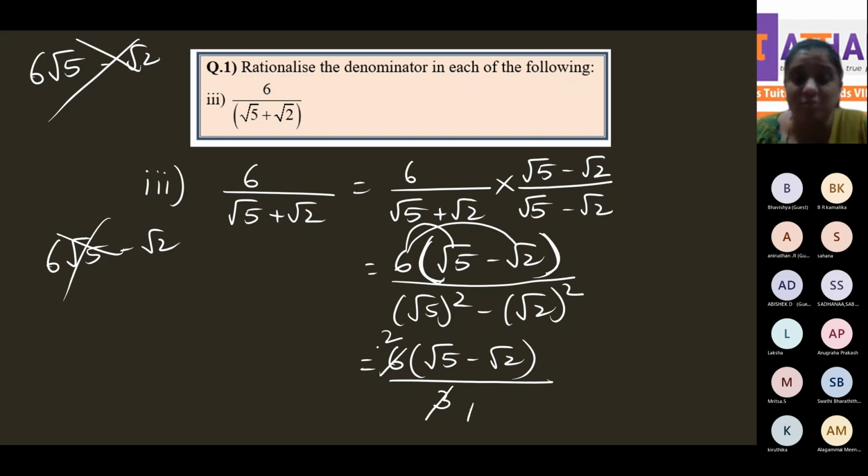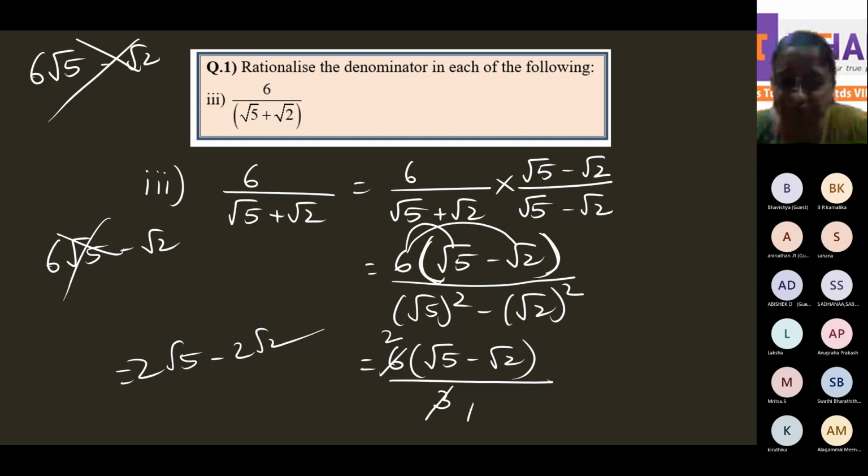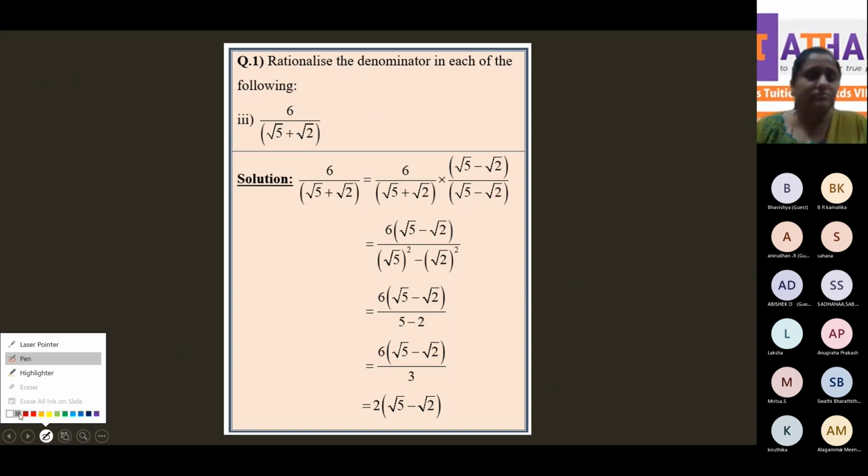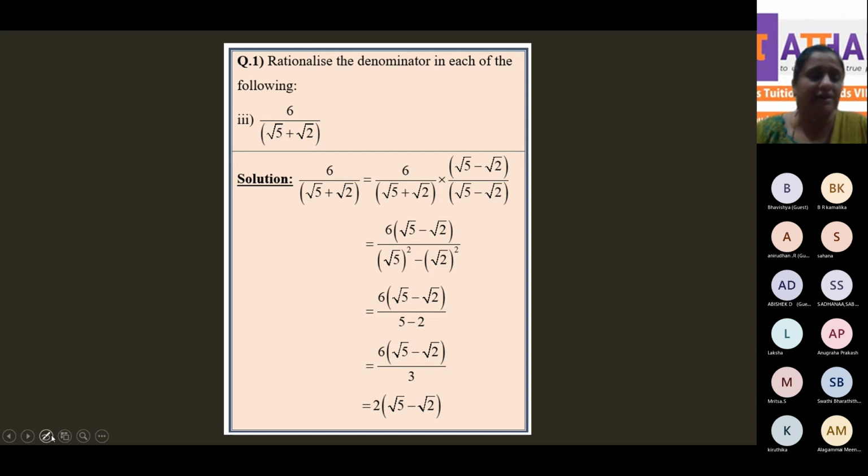For that reason, don't multiply. Now, after simplifying, multiply the numerator. So 2 into root 5 is 2 root 5, minus 2 into root 2 is 2 root 2. So the final answer is 2 root 5 minus 2 root 2. You can also leave it like this. Both are right, both are correct.